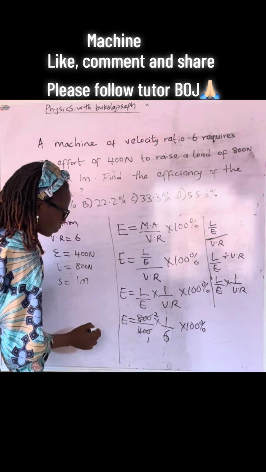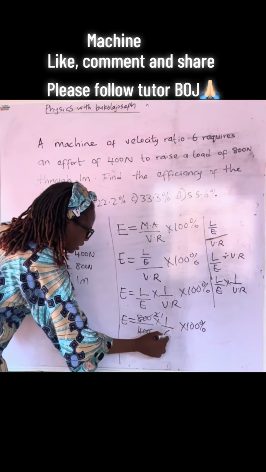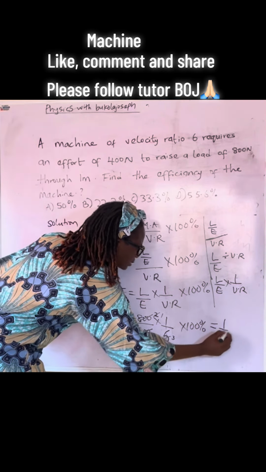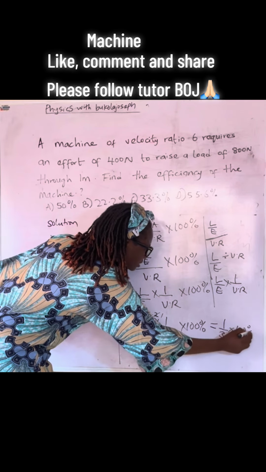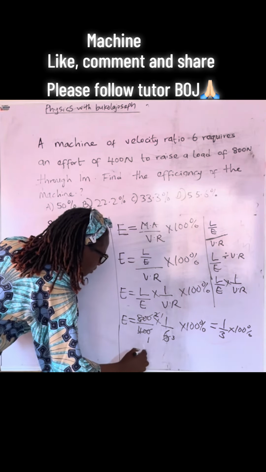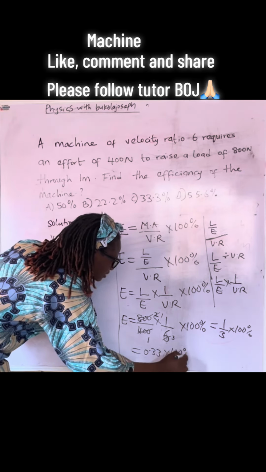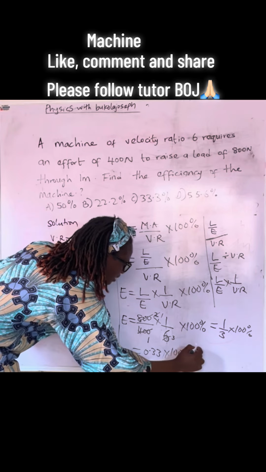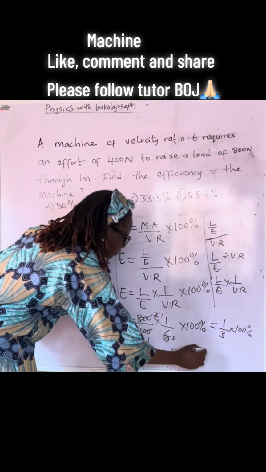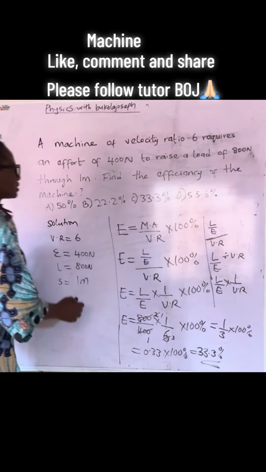So we are left with 2 here 1, 2 here 3, and this is equal to 1 all over 3 times 100%. So 1 divided by 3 will give us 0.333, then times 100%, we have 33.3% as our answer.